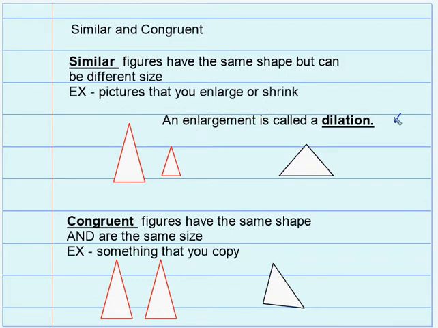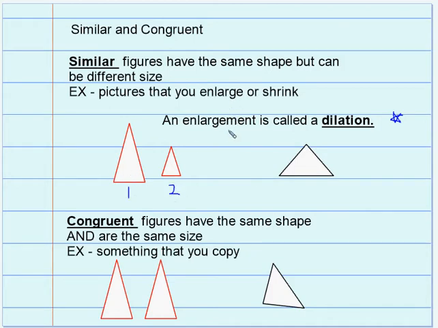This is important. An enlargement is called a dilation. So when the shape gets larger, it becomes a dilation. So if I ask you, is it a dilation, yes or no, you have to say whether the shape got larger or not. So if we look at, let's see, I'll just call this triangle 1 and triangle 2.